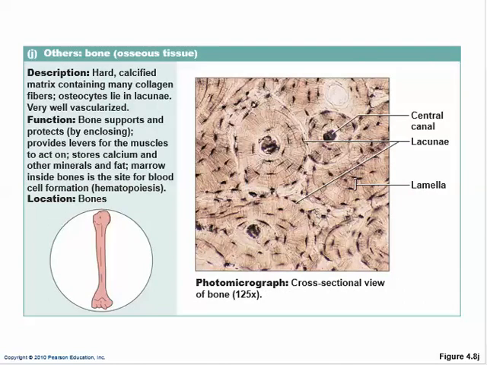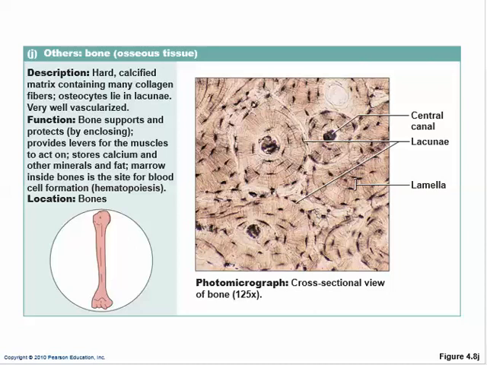When we look at bone, bone is exactly like reinforced concrete. There are bone cells in lacunae, but the ground substance is actually mineralized salts, and the fibers are called osteoid.